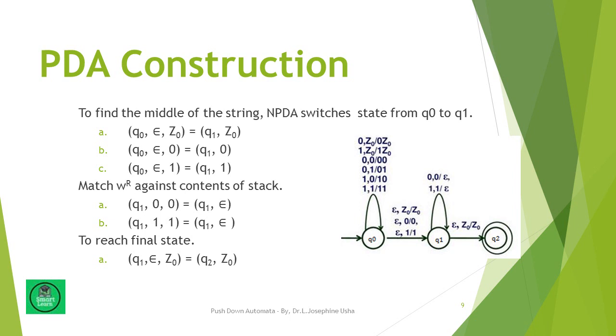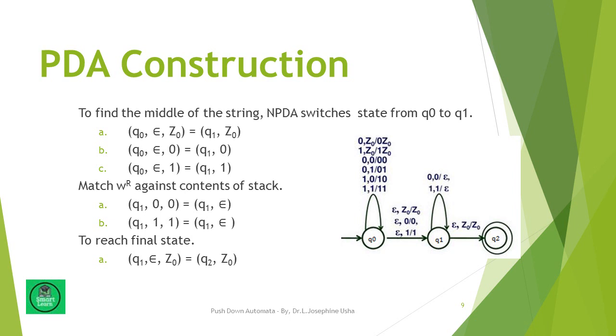Once you read all the symbols in WR, there are no more symbols, and the stack has only Z0, so you move to the final state. Without reading the input symbol, from the state Q1 you move to the final state Q2, with no change in the stack content.